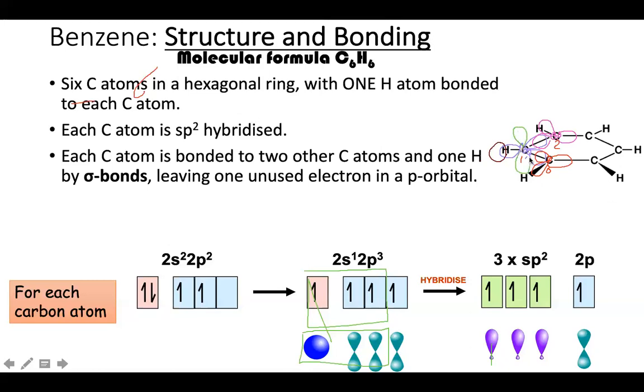This p orbital is perpendicular to your sp2 orbitals. If sp2 is flat, horizontal, then your p orbital will be vertical. Okay, so each carbon again will have a p orbital that looks like this.